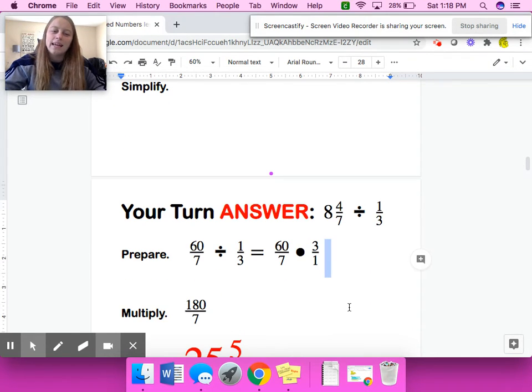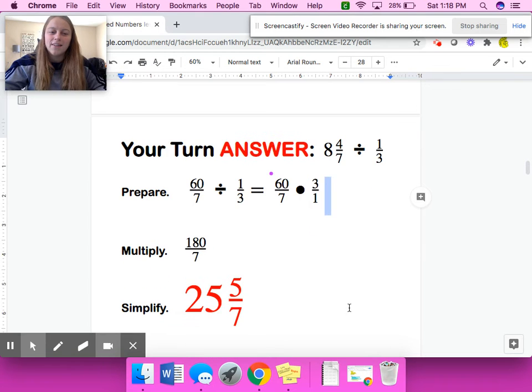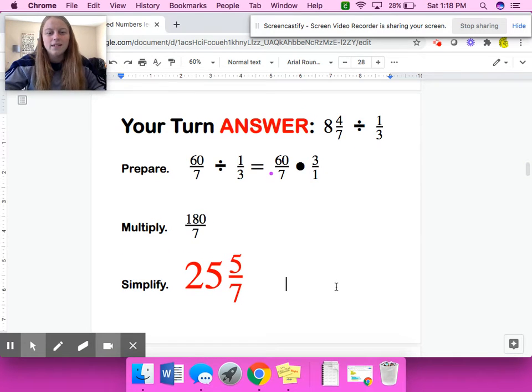We multiplied to get 180 over 7, and we simplified to get 25 and 5/7 as our final answer. How did you do? Self-evaluate. Did I get it right? Did I get it wrong? If I got it wrong, did I fix it in my notebook? Why did I get it wrong? Where was my mistake?